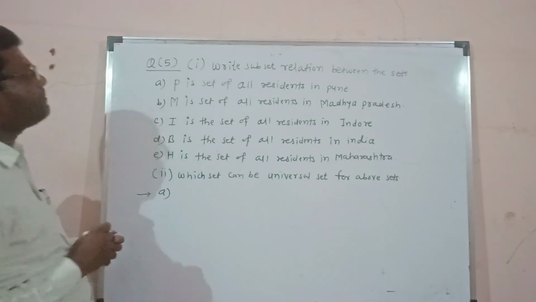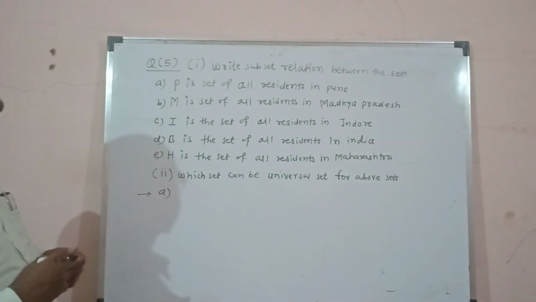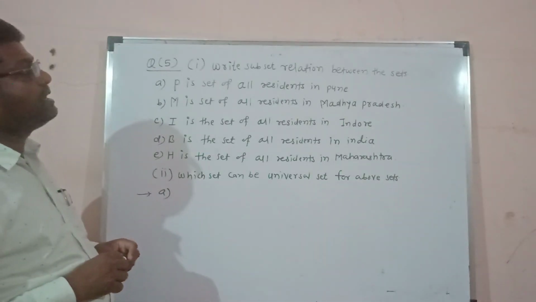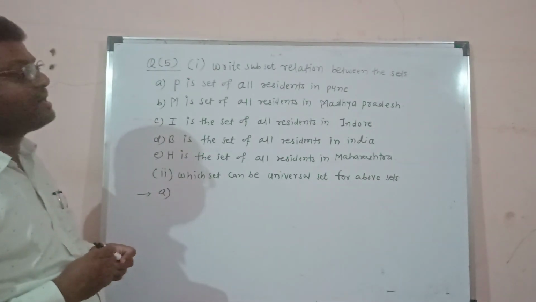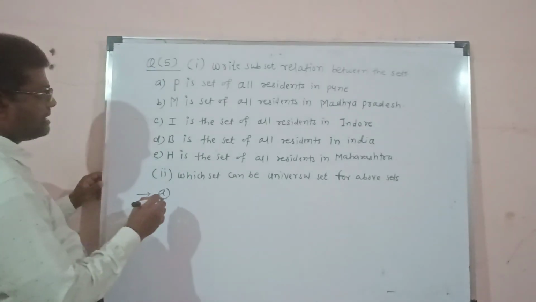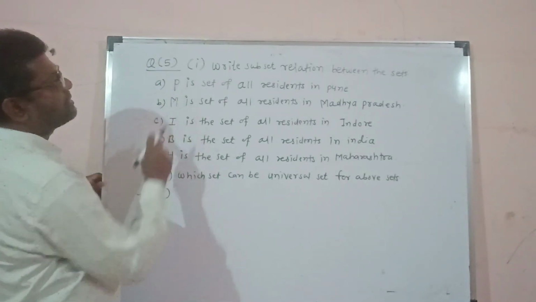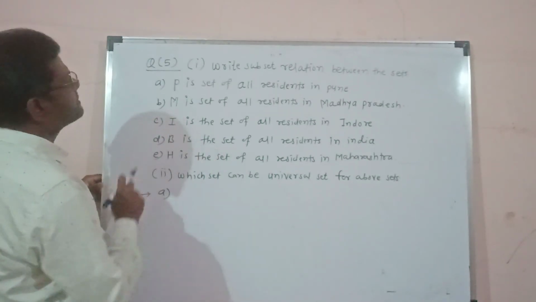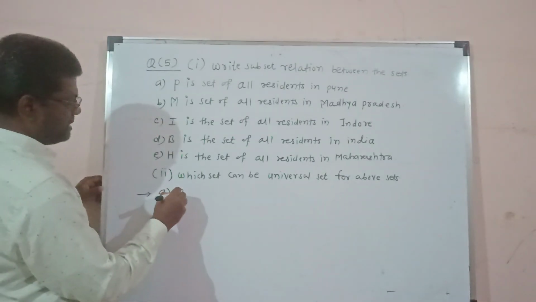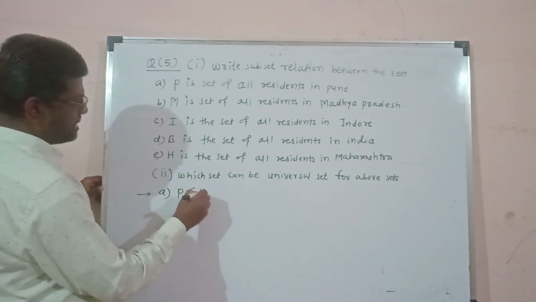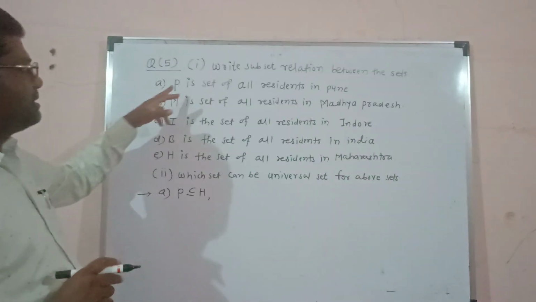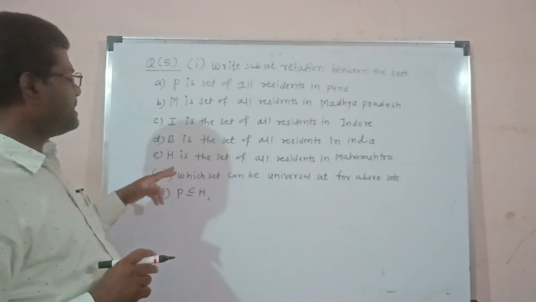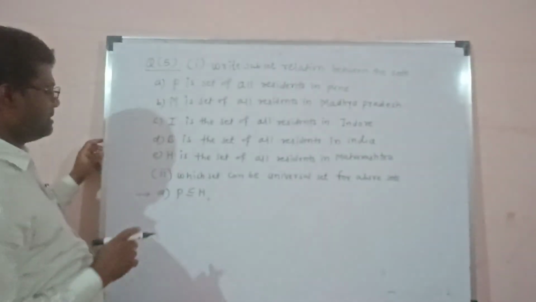Now P is the set of all residents in Pune. So residents in Pune are also residents of Maharashtra. Therefore, P is a subset of H. Then residents of Pune are also residents of India.